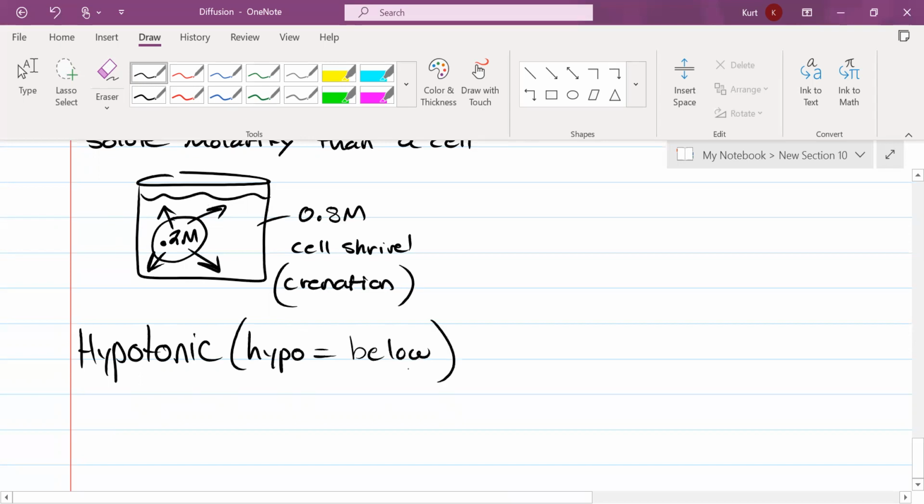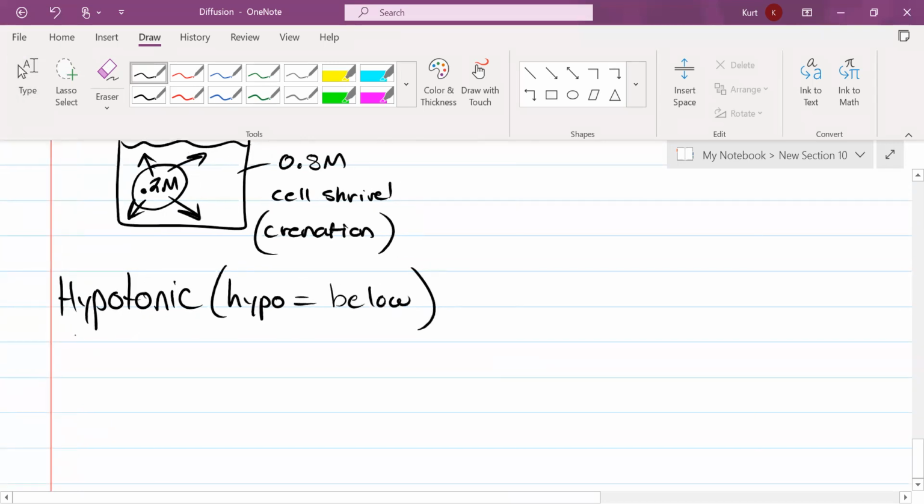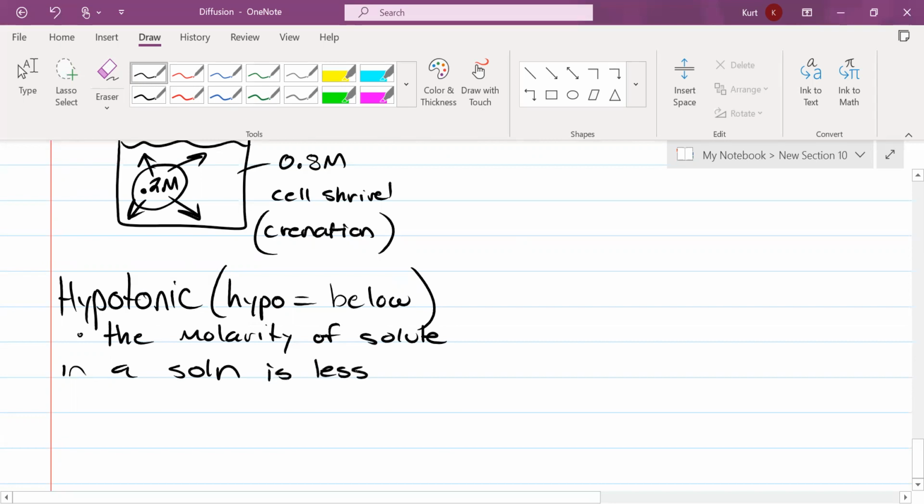You've seen that term a lot this year. In a hypotonic solution, the molarity of solutes in a solution, SOLN is how a lot of science nerds abbreviate solution, any solution is less than the molarity of the cell.